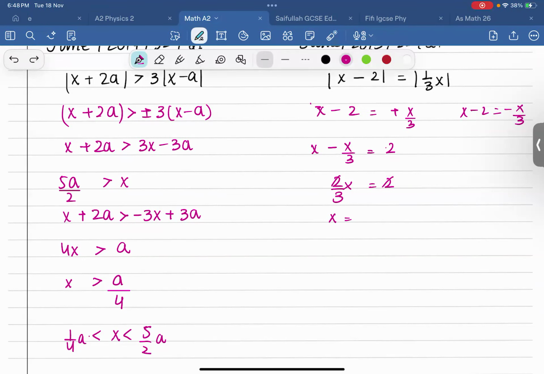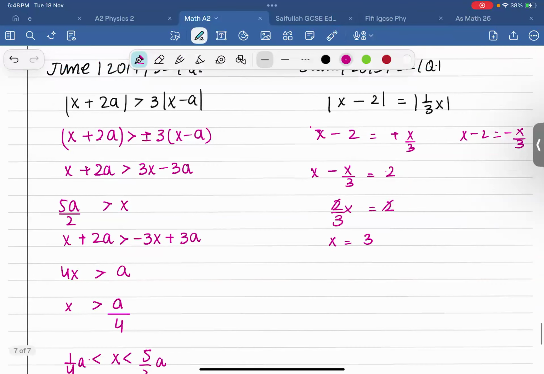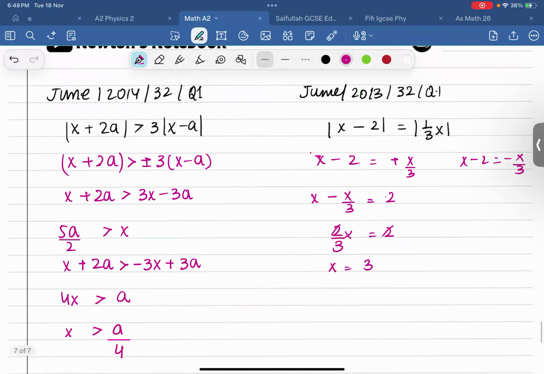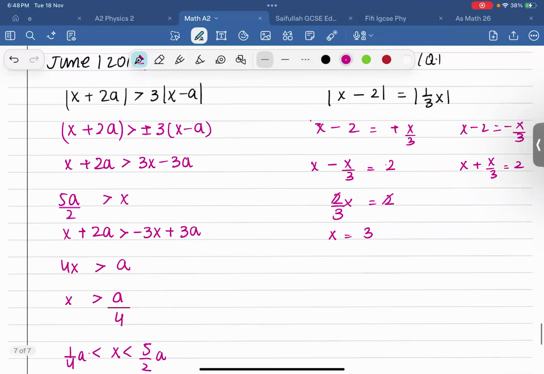So it will be 3 from this side, and if you solve that, 2x over 3 is equal to 2, 2 ones are 2, 2 twos are 4, and x is equal to 3 upon 2, right?